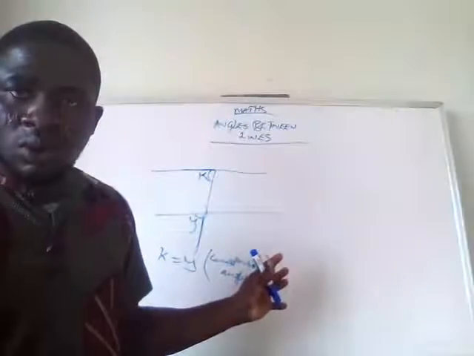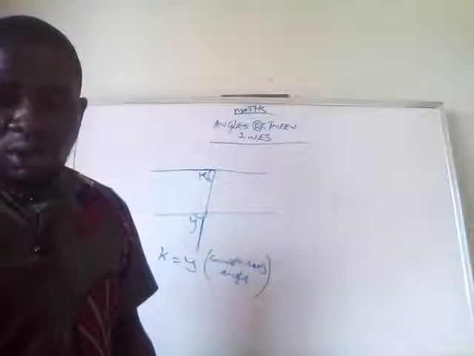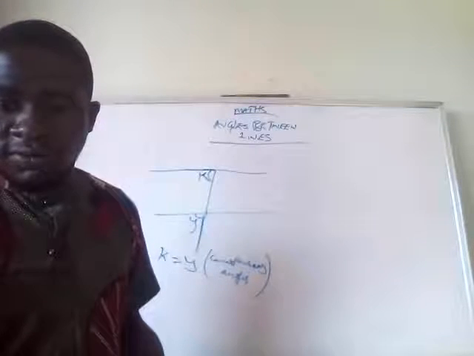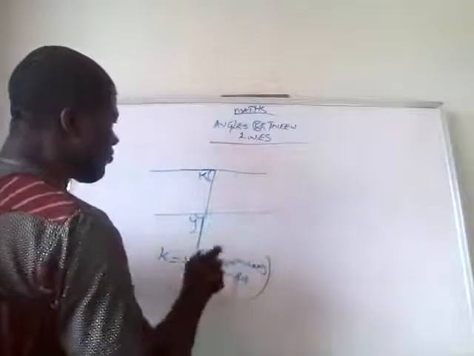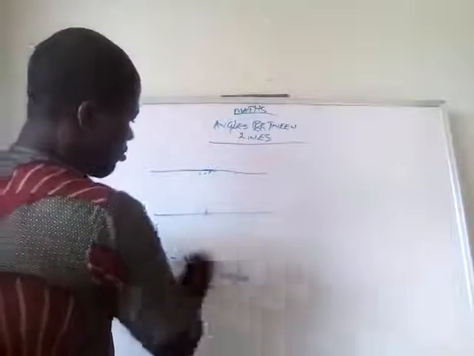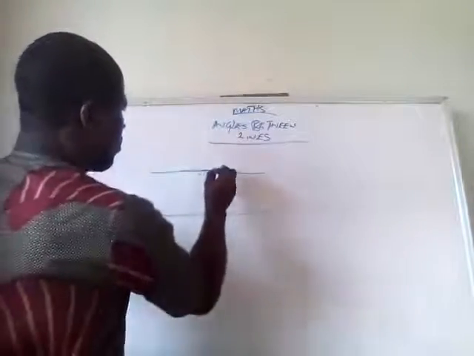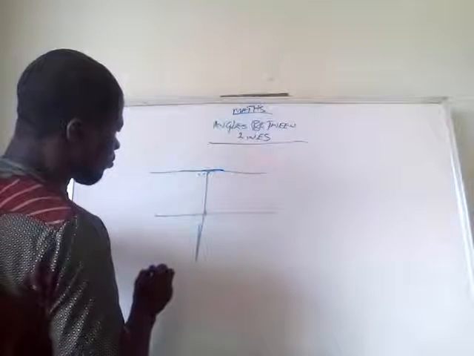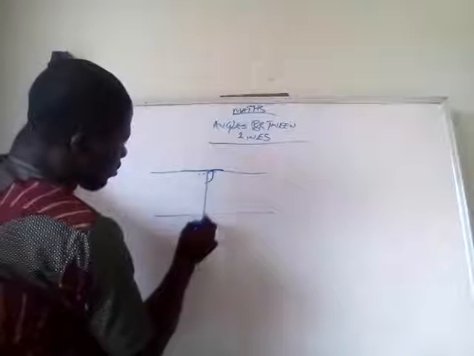We will go into one or two examples to prove what we have done so that it will be easy for us to solve. But before we go into that, you can also have something like this, and this.